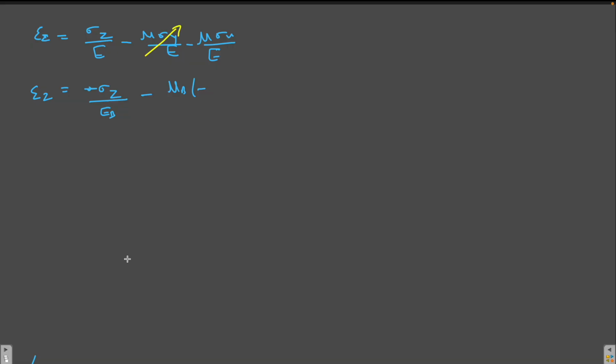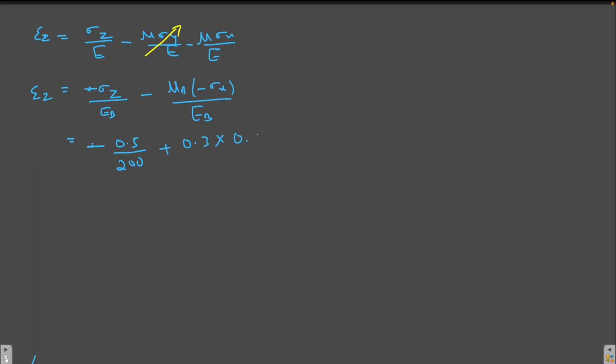Now minus of sigma x I am writing, that is sigma we have found out. So it will be minus of sigma z, which is 0.5 given in the question, E is 200 given in the question, plus mu is 0.3, sigma x we have found out is 0.